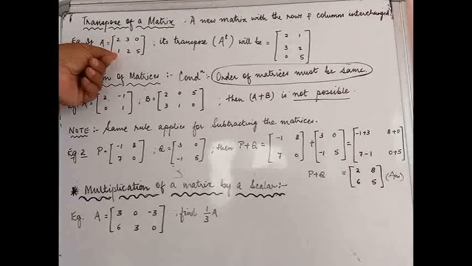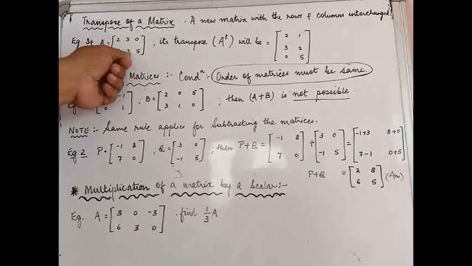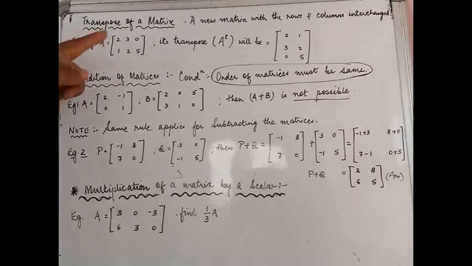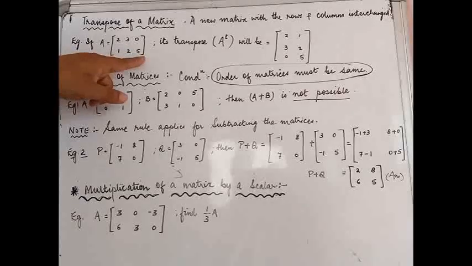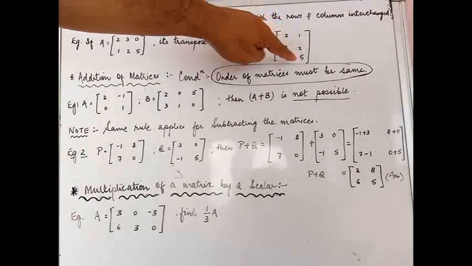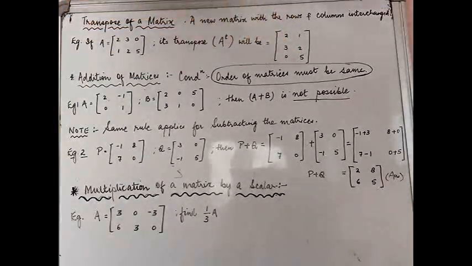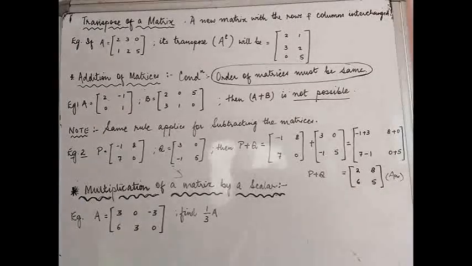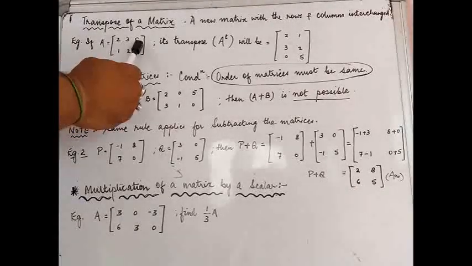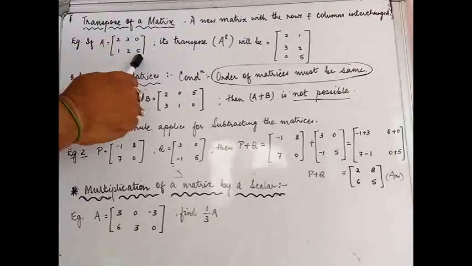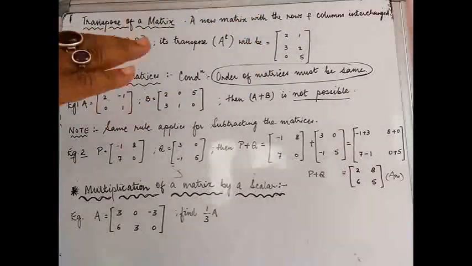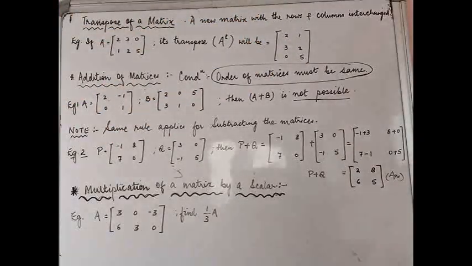Similarly, 1 2 5 are the elements of the second row in the original matrix, so 1 2 5 will become the second column in the transpose matrix. So the first row becomes the first column, the second row becomes the second column. This is all that you have to do as far as the transpose of a matrix is concerned.